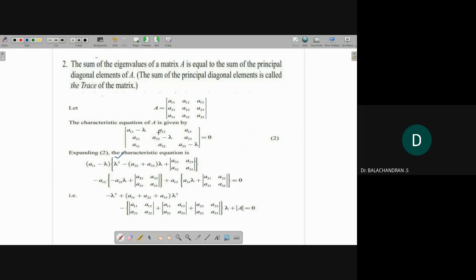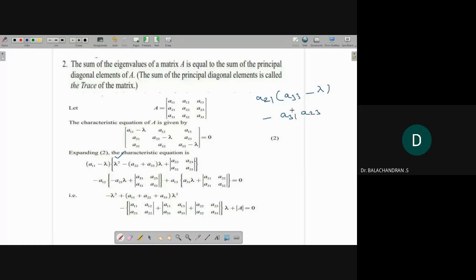Okay, now next, minus A12 into, leave this column, leave this row. So what is remaining? Please tell. A21 into A33 minus lambda, okay, minus A31 into A23.